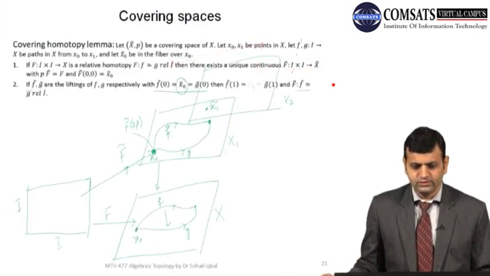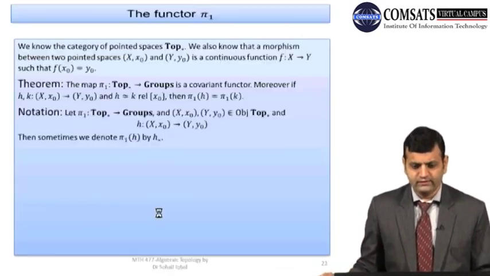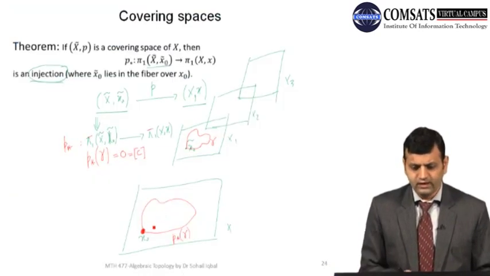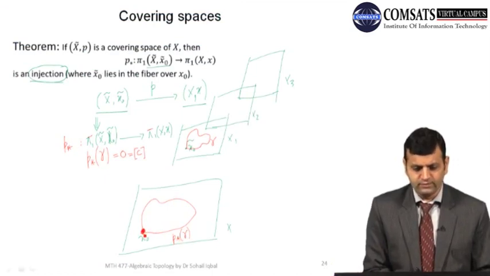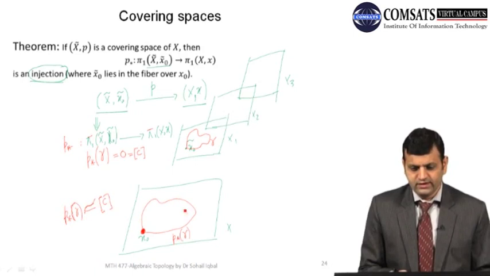Both of these things represent the following. If I have a path p lower star gamma which is homotopic to the constant map, or in other words the identity, then their liftings will also be homotopic.